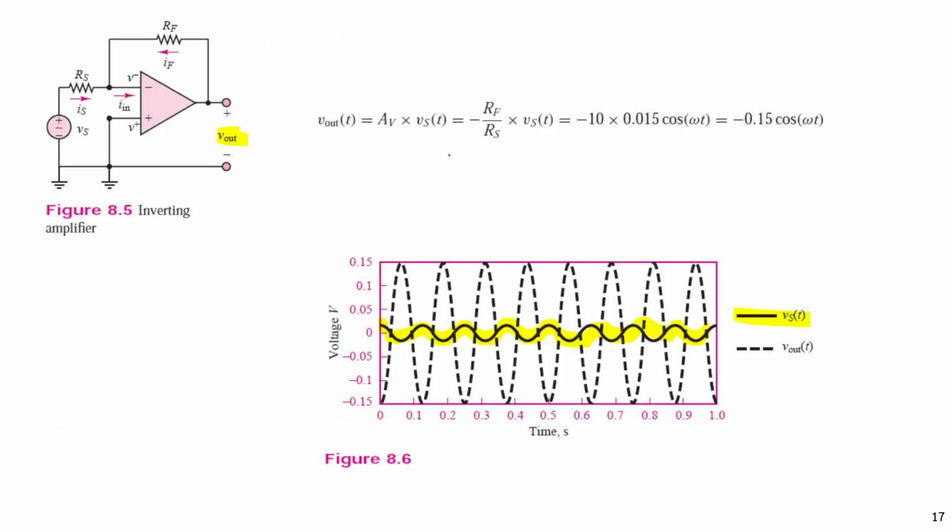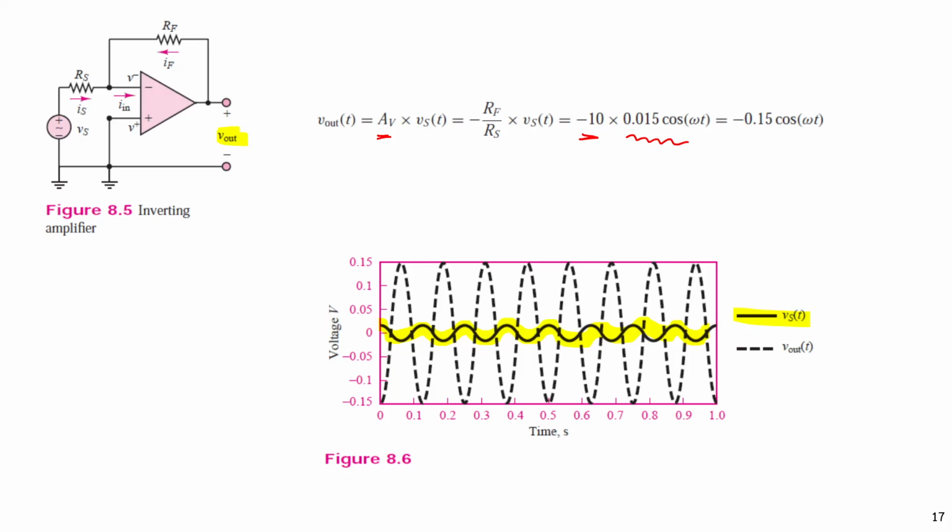For approximation, the gain is Rf by Rs, 10, times Vs, but it is inverted.